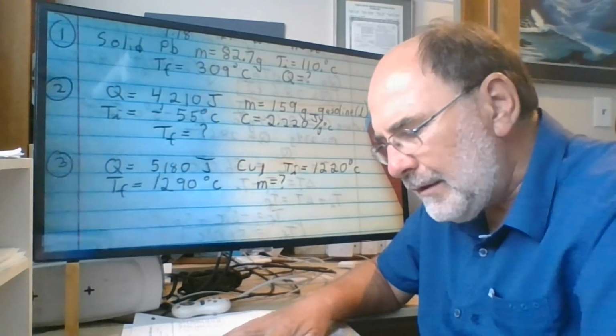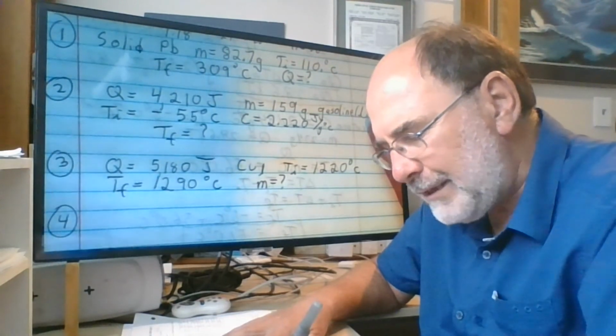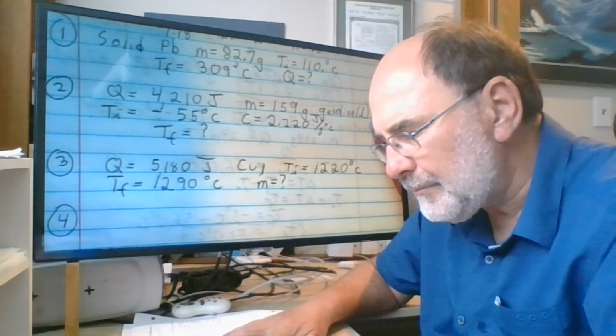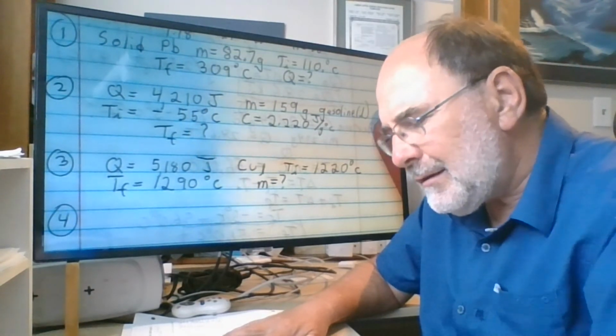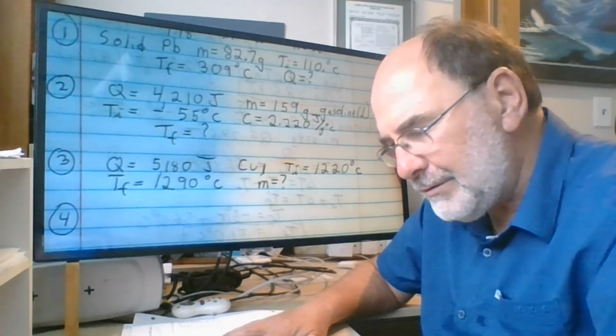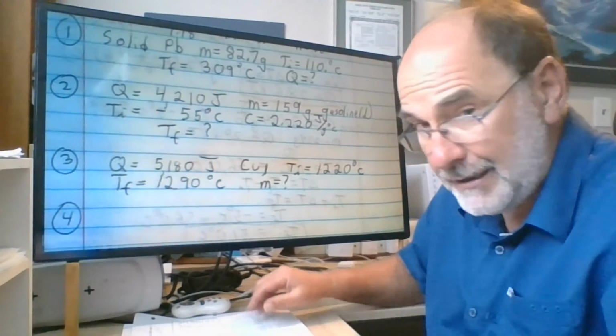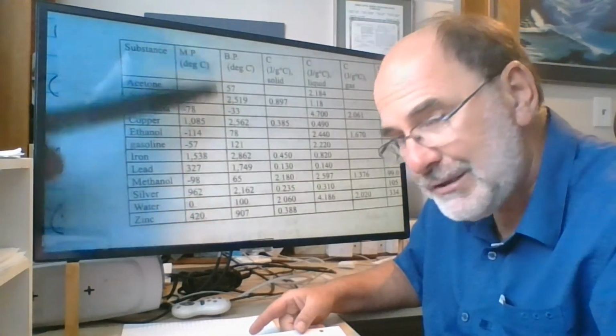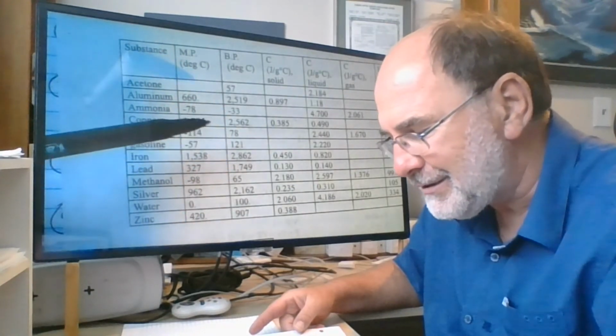And as a fourth practice problem, on this one, I could try to have you identify the substance. I got extremely lucky this last time in that I happened to hit something that was somewhere on this chart.